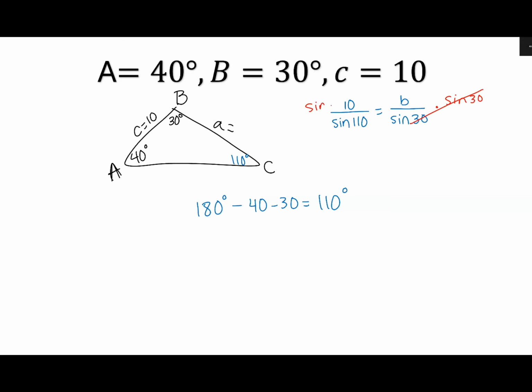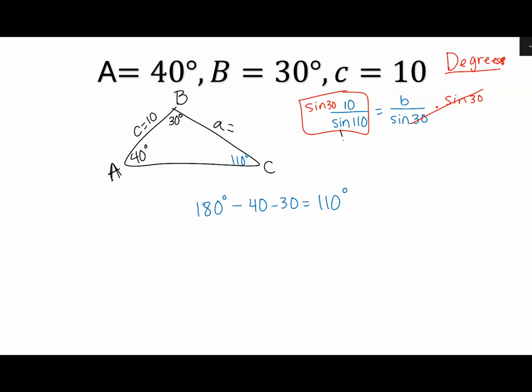If you type this into the calculator, make sure your calculator is in degrees or you will not get the right answer. Okay, so I typed this into the calculator and I got 5.32089. That is what side B is equal to.